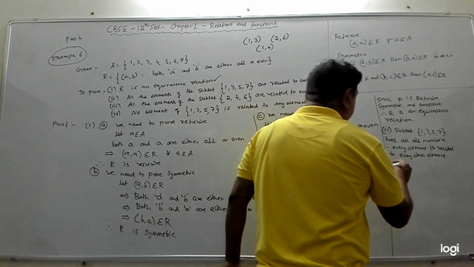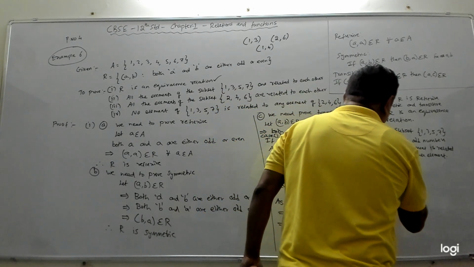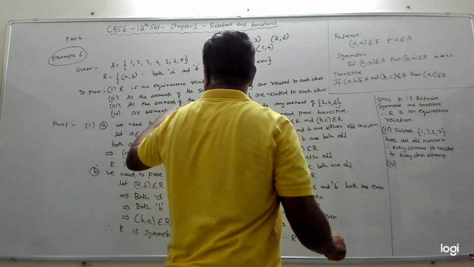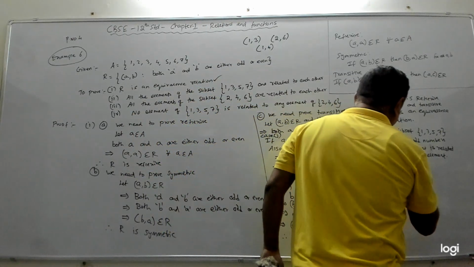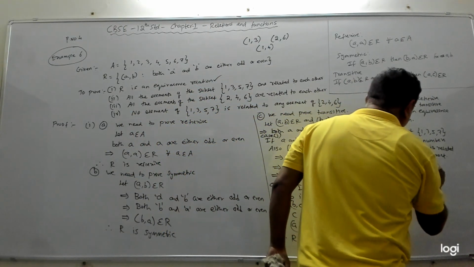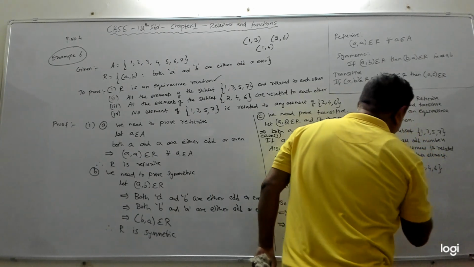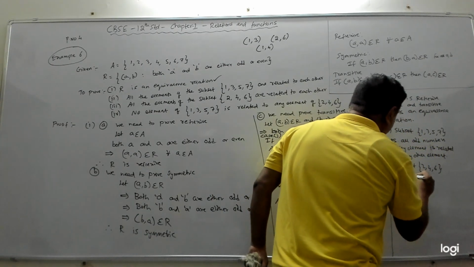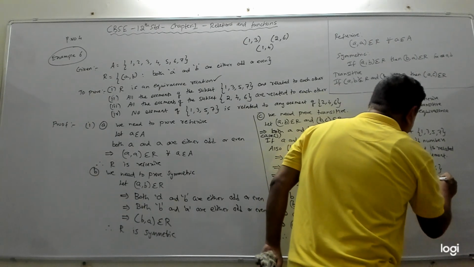The same argument we can write for the third part, which is the subset 2, 4, 6. So we'll say subset 2, 4, 6 has all even numbers.